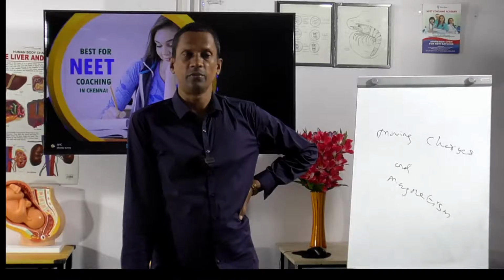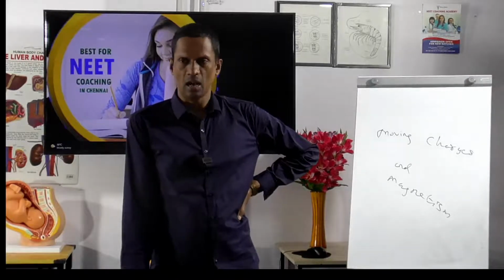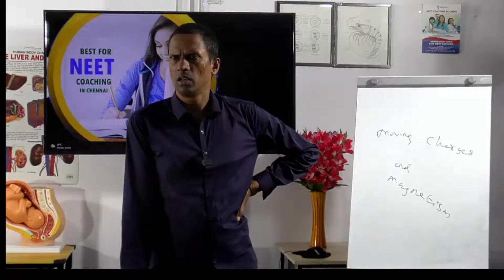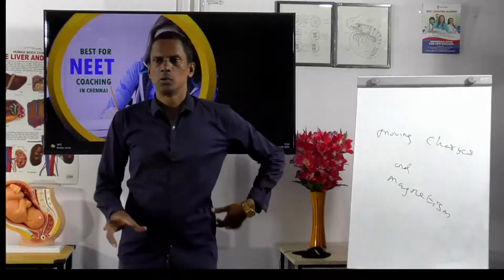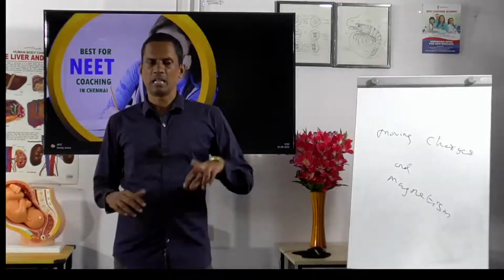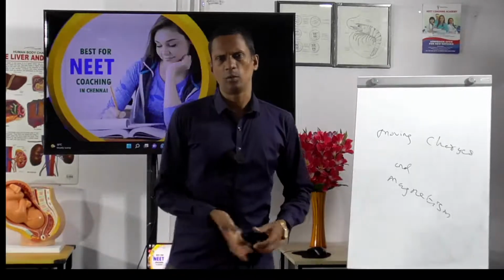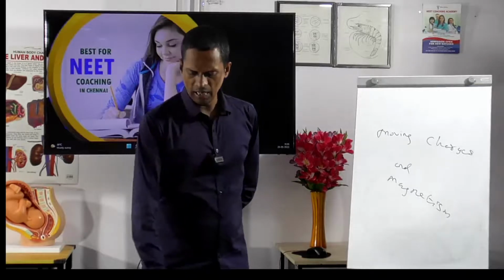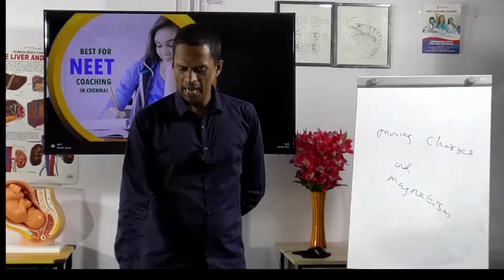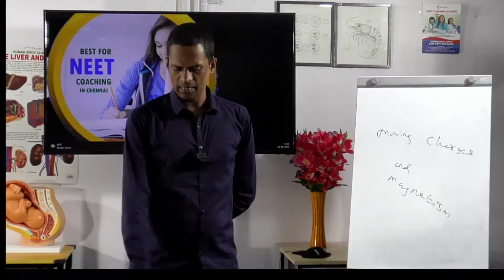Positive. What is the charge of neutron? Neutral, zero. So all are particles, but the charge is different. It could be positive, negative, zero. Within these three only it will fall. Now comes the cyclotron. What is the purpose of cyclotron? So cyclotron is a one.